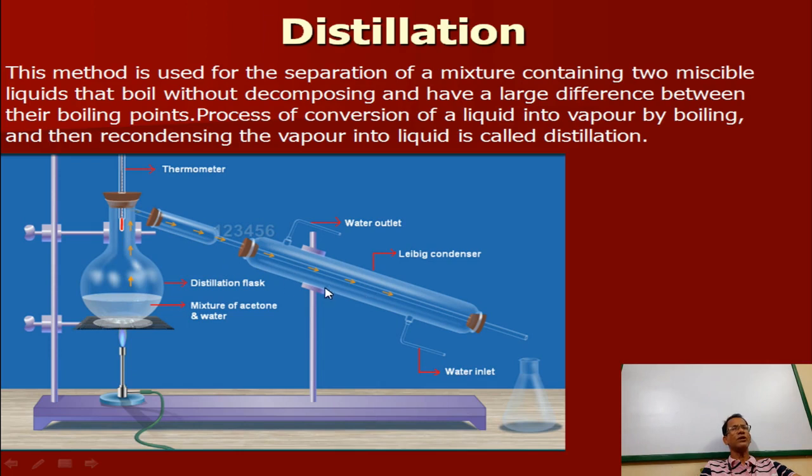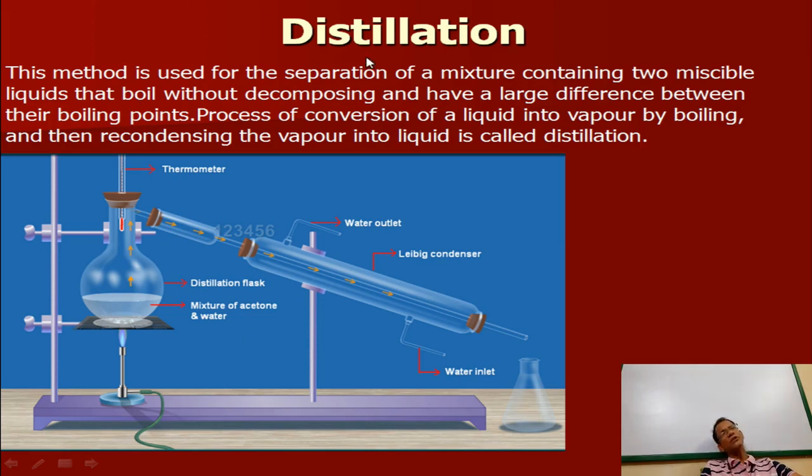The condenser contains water, which passes in through the inlet and out through the outlet. When the water remains in the condenser, the vapor produced will be condensed and separated in the form of liquid again. So first the liquid evaporates into vapor form, then the vapor condenses again to liquid form.